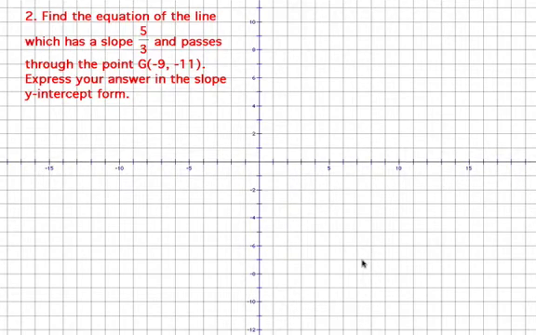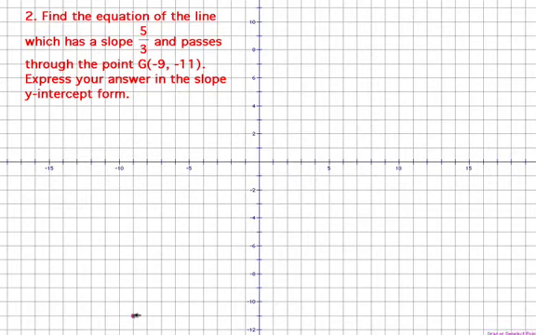Let's take a look at what this looks like on a graph. We start off with our point, which is negative 9, negative 11. We go over to negative 9 and down to negative 11 and put a point at that place. From this point, we draw a line with slope 5/3, which means the rise is 5 and the run is 3.